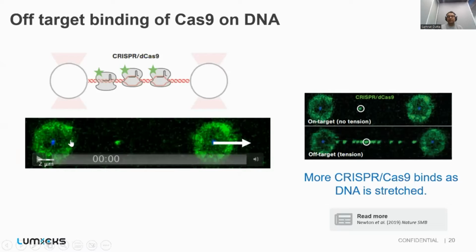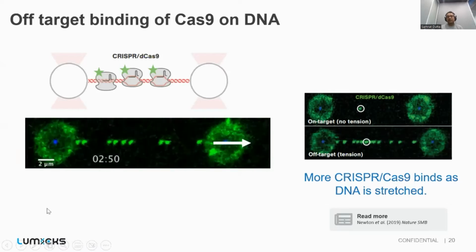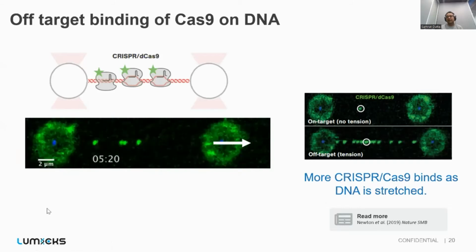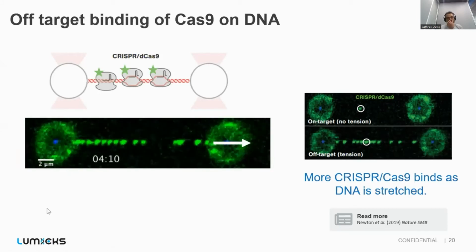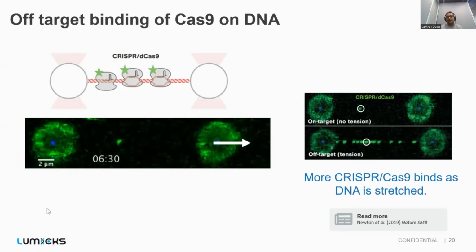And what they found out is that when the DNA was stretched, the CRISPR-Cas9 binds to multiple locations on the DNA, or there is a lot of off-target binding of CRISPR-Cas9 onto the DNA molecule.